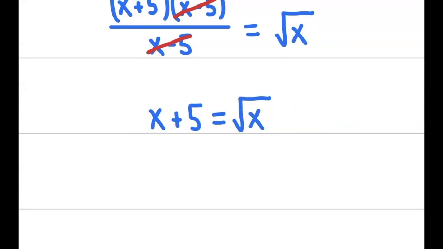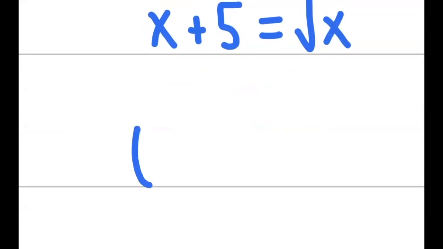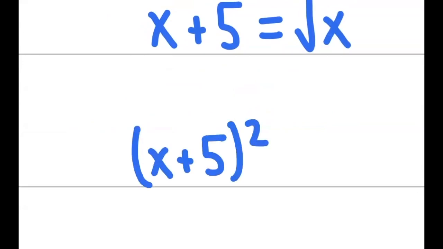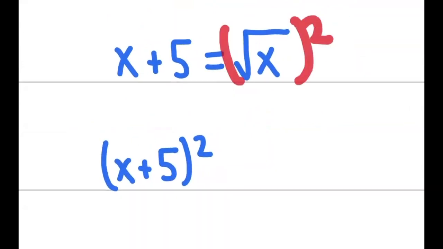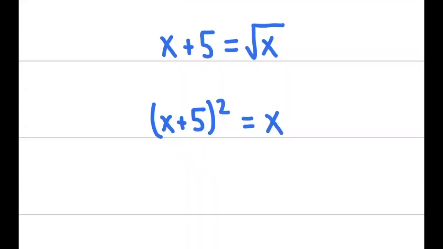So if you kept going, you would need to square both sides of the equation because we're trying to get rid of that square root. If you square both sides, you'll get x plus 5 squared, and when you square the square root, you'll just get x. To square x plus 5, we can't just distribute the square. It's not x squared plus 25. We have to use the FOIL method.